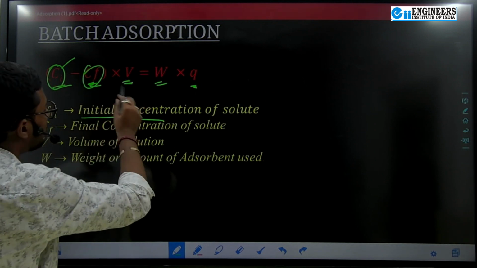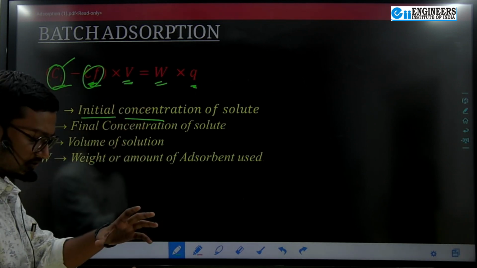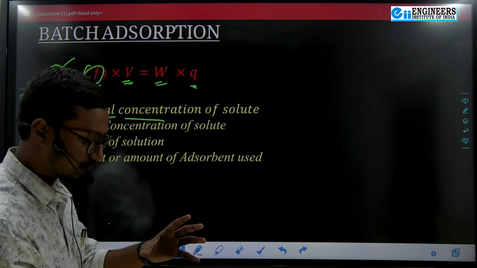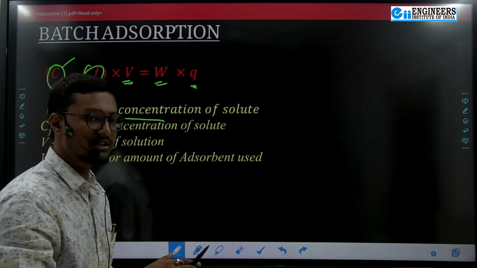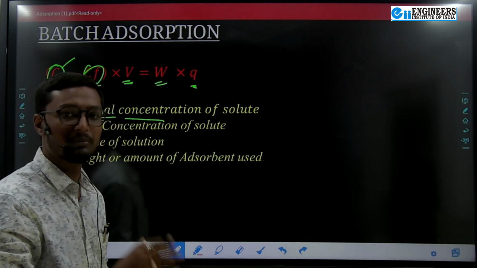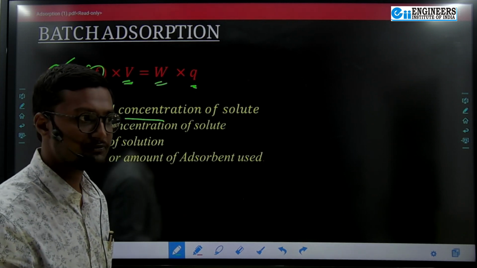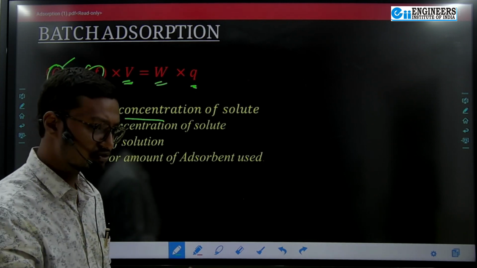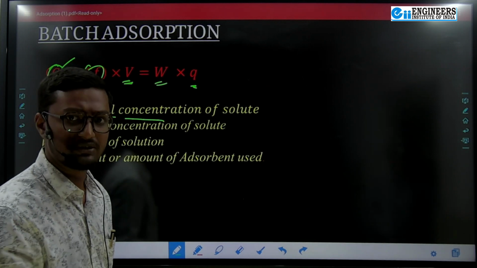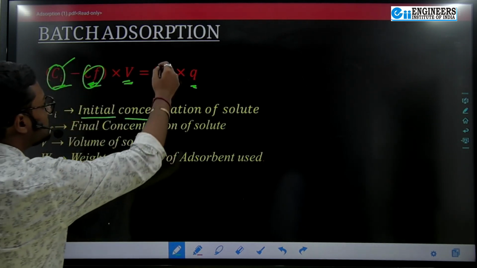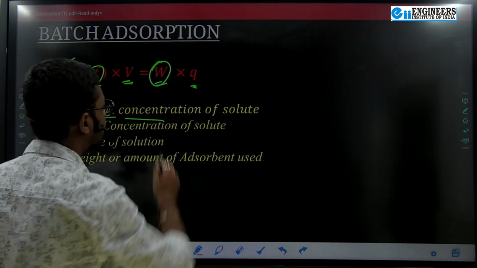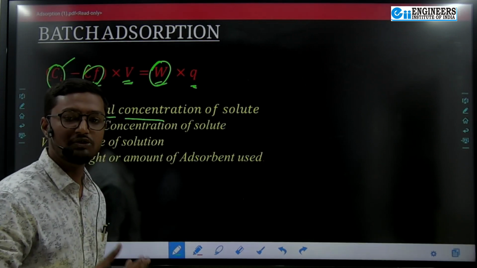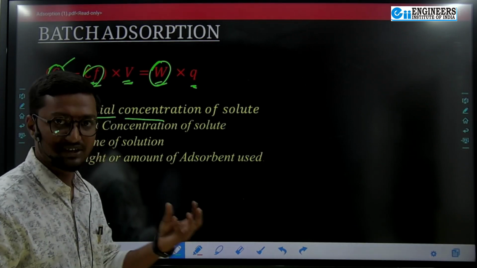V is the volume of the color-water solution. We can understand that this volume is generally dominated by the volume of the water only, or the solvent only, as the solute has very little role to play in this volume. And W is the amount or weight of the solid adsorbent that we are using.